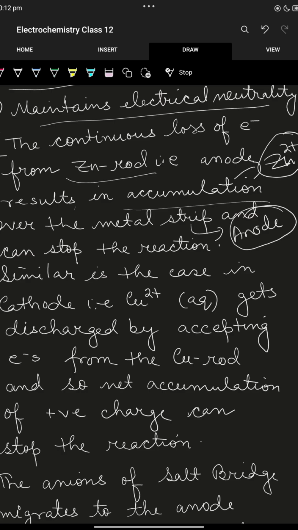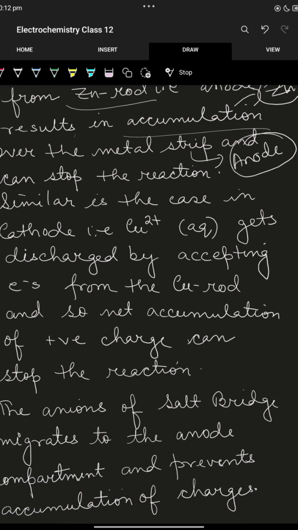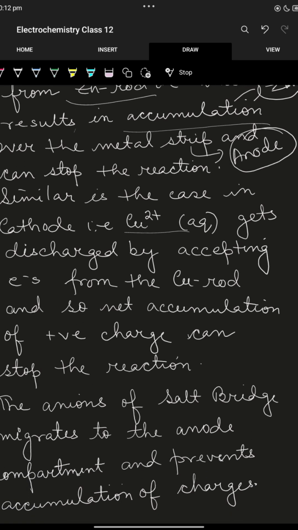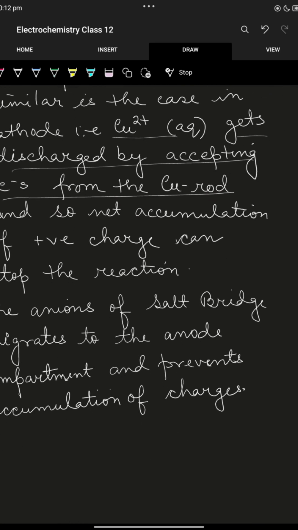And similar is the case in the cathode, where you are seeing Cu2+ gets discharged by accepting electrons, and so there is accumulation of sulfate ion, the negative ion. The SO4 2- ion gets accumulated, and the reaction will stop after some time.